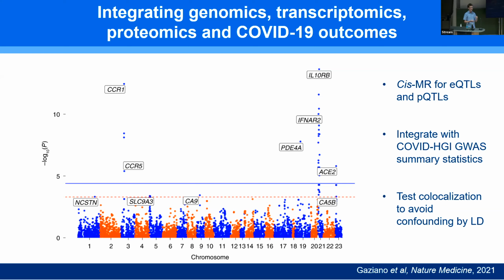So finding these tools, and working out which ones, using that co-localization strategy to say, this variant seems to have lots of small p-values with lots of different traits, but how specific is it? Is it very pleiotropic, in which case it's probably not that useful, or is it very specific to the thing I'm interested in? That's one of the main challenges we face in these approaches.